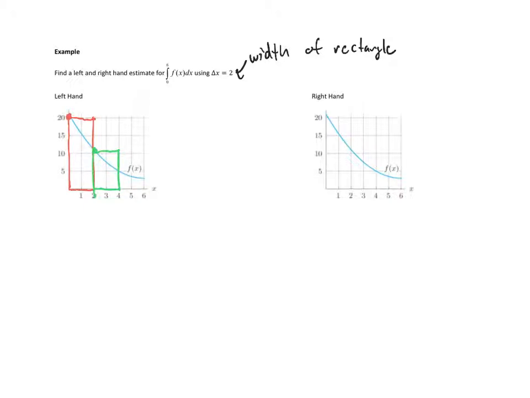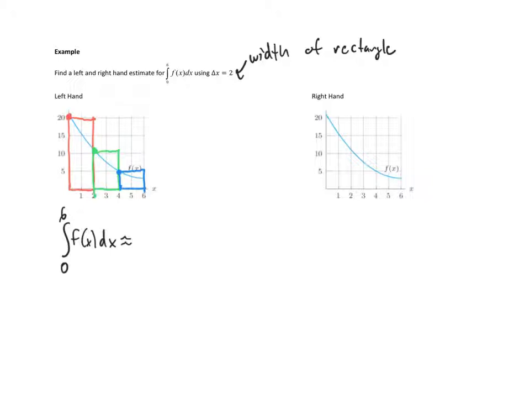And we're going to add one more rectangle of width 2, and using this left endpoint, I would use this point here. So we're going to estimate that from 0 to 6, f of x dx is approximately the sum of all the areas of those rectangles.